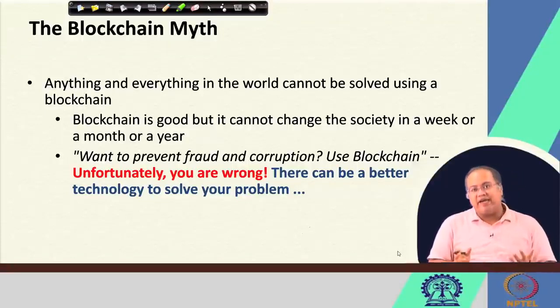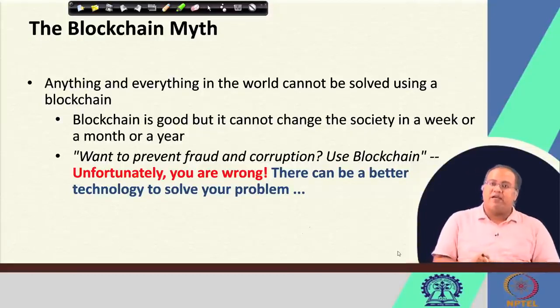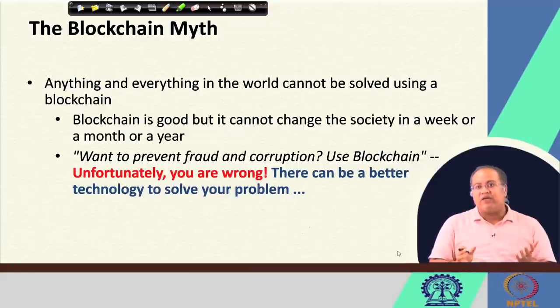Blockchain is nothing but a technology which has been invented by different people from different domains: cryptographers, computer scientists, and the people behind the economic model of blockchain. But it is not like any problem in the world can be solved using blockchain. It has its own limitations as well.